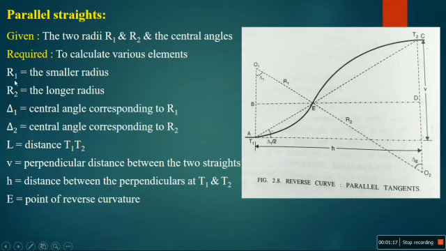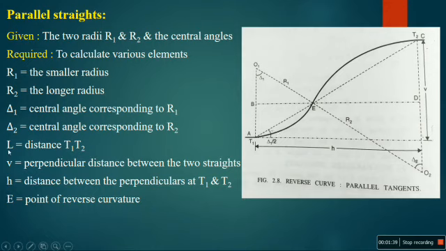In this figure, R1 and R2 are the smaller radius and larger radius, with respect to the curves, and delta 1 and delta 2 are the central angles. Here they have taken the smaller radius and larger radius, meaning the radii of these two curves are different.